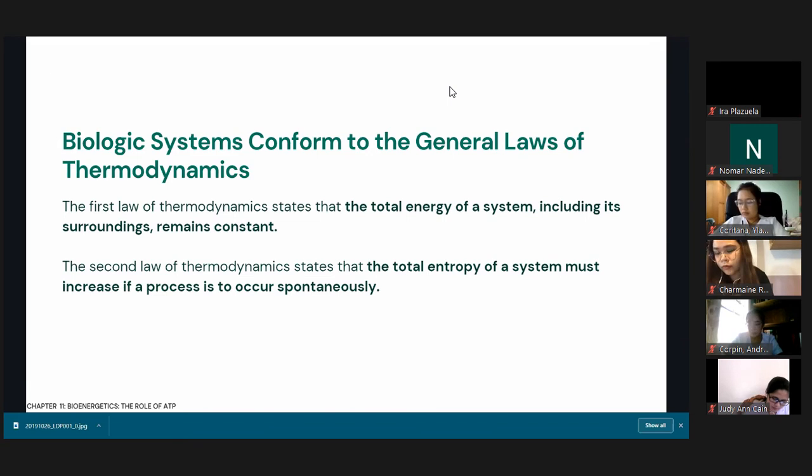So what do you mean by the system? The system includes you, all around you, or the entire Philippines, or the entire world, or the entire universe. That's the system. So if you go micromolecular, the cell, together with anything that surrounds it, its environment, is the system.